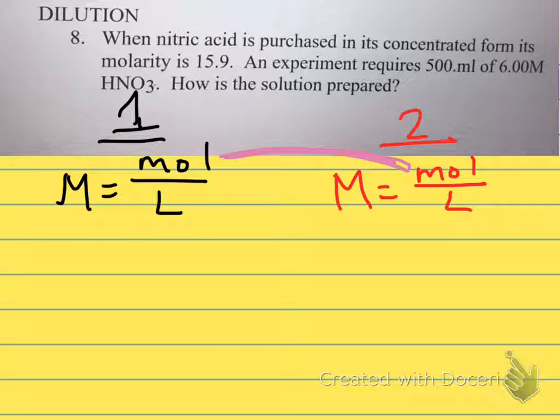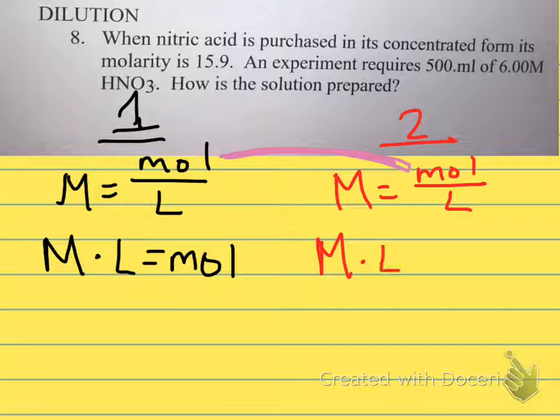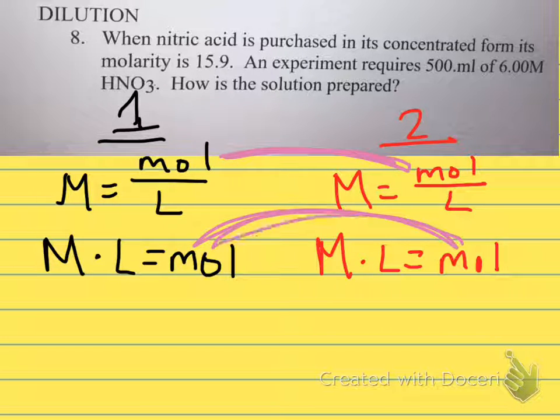So we can solve both equations for moles by just multiplying liters. So it'll be molarity times liters equals moles. And for our other one, it'll be the same thing. Molarity times liters equals moles. And again, these moles are exactly the same thing.